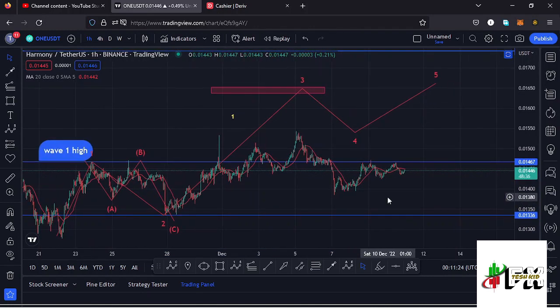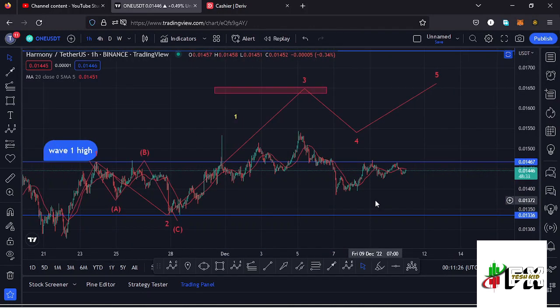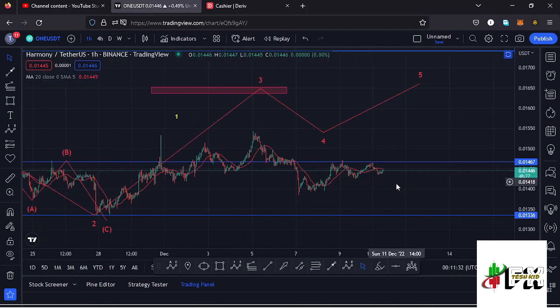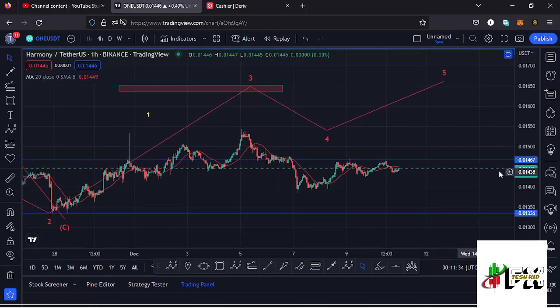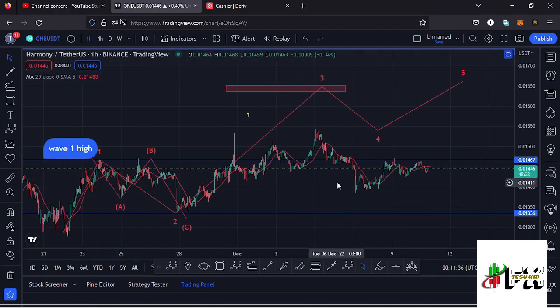For us to continue pushing higher and also have a confirmation that we're in the formation of this wave 3, we need to manage to break above the 20-day MA, which at the moment we are trading below. Also manage to break above the wave 1 high, which perfectly lies at around the $0.01467 mark.